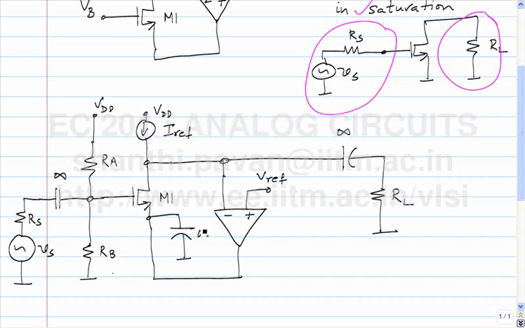Are there any problems with this solution? What are the problems with this? Does this work? What did we say was an op-amp? What is an op-amp? It's a voltage controlled voltage source.